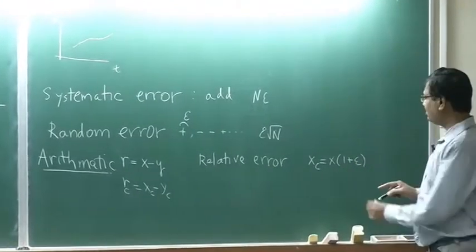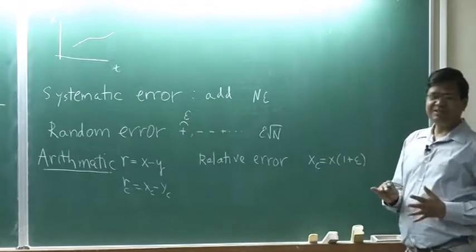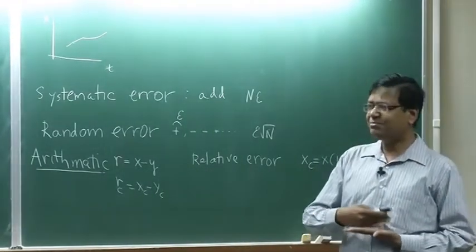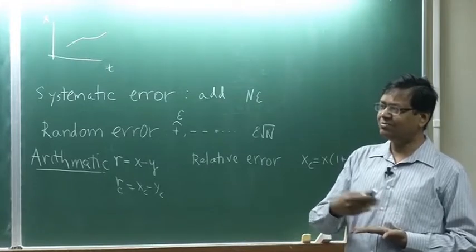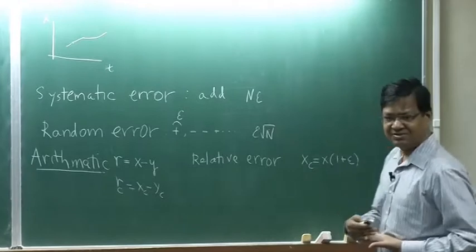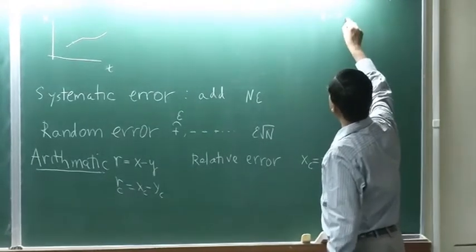Okay. So, this epsilon is called relative error. If you look at floating point numbers, representing numbers as exponentials, 10 to the power something, remember, if the number is large, then x minus xc is large.